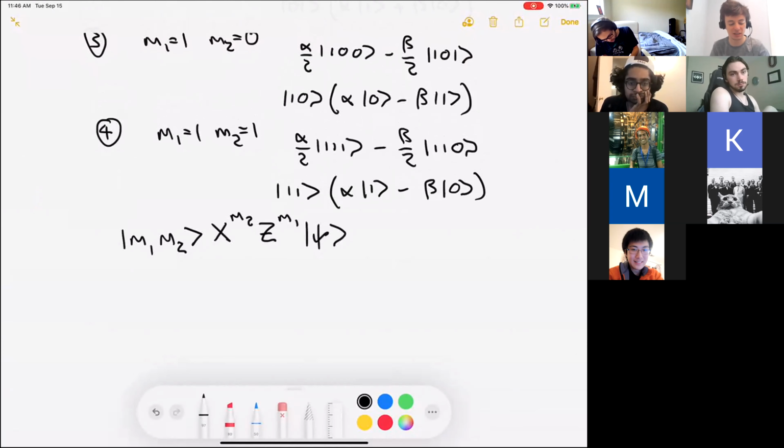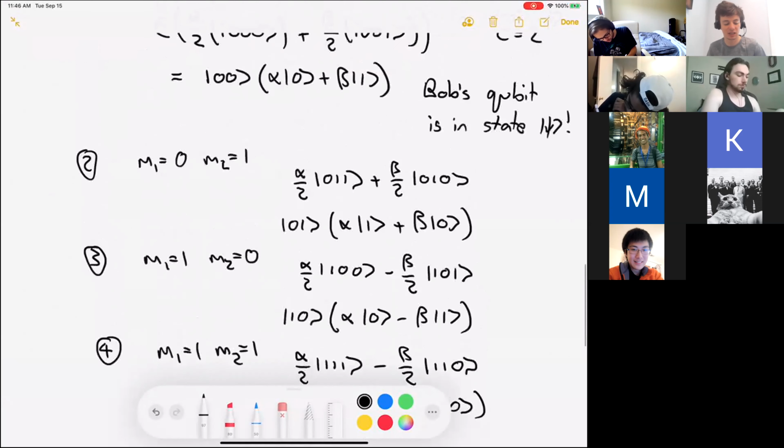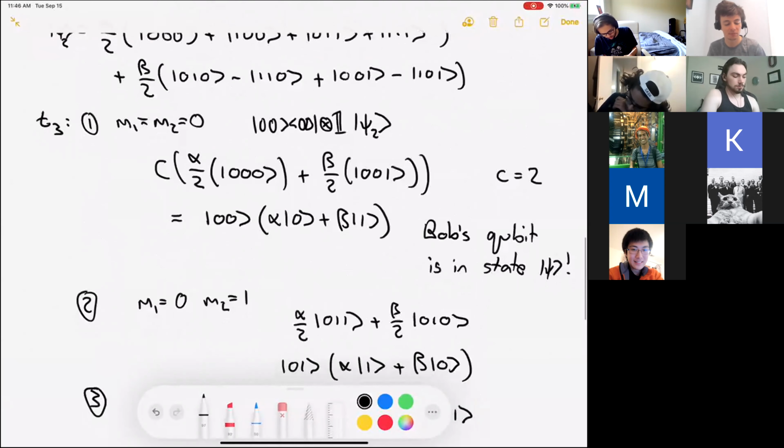Okay, let's just check that this is true. I just claimed it. So if M1 and M2 are both equal to 0, then we have 0, 0. X to the M2 is just the identity because M2 is 0. Same with Z to the M1. So we just have 0, 0 tensor psi. So look up here, and explicitly we did indeed get 0, 0 psi.